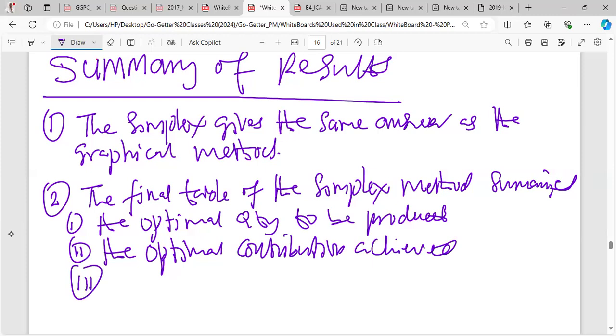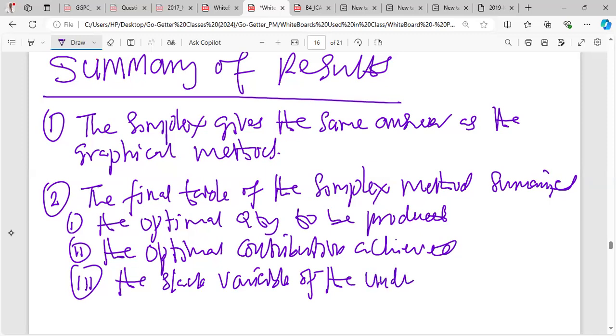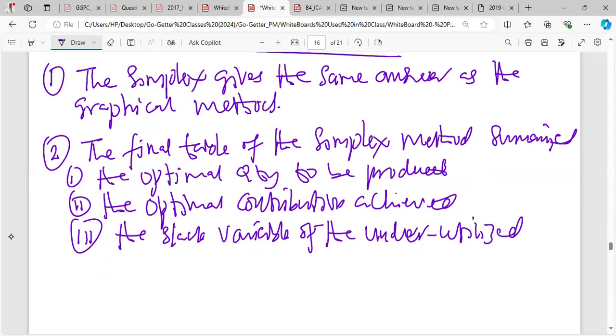Three, the slack variable of the underutilized item.